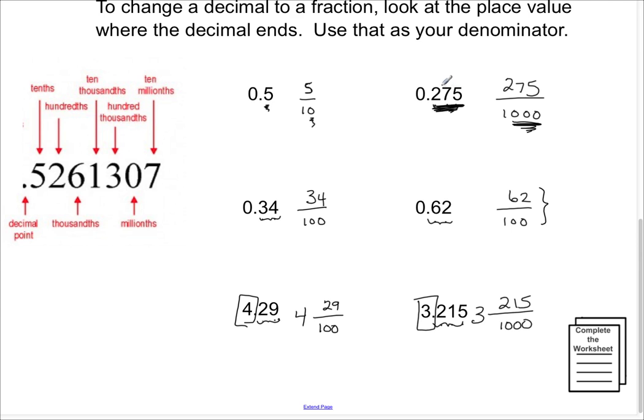So however many numbers you have after the decimal point is going to be the same number of zeros you have in the denominator, a 1 followed by that many zeros. So here there's 2 numbers after the decimal point. That means our denominator should be a 1 followed by 2 zeros. And that's exactly what we got when we did it the last way that we were looking at it.